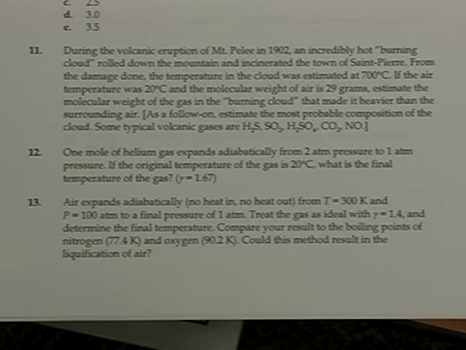If the air temperature was 20 degrees centigrade and the molecular weight of air is 29 grams per mole, estimate the molecular weight of the gas in this burning cloud that made it heavier than the surrounding air. As a follow-on, estimate the most probable composition of the cloud. Some typical volcanic gases are hydrogen sulfide, H2S, sulfur dioxide, SO2, sulfuric acid, H2SO4, carbon dioxide, CO2, and nitrogen oxide, NO.